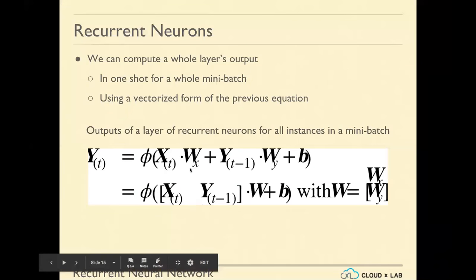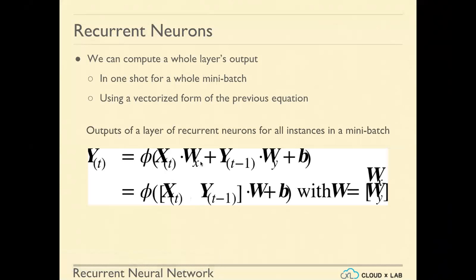Because instead of multiplying Wx with xt, then multiplying Wy with yt, and then adding, in two different steps, we could just use the dot product by concatenating x and y as two columns and multiplying with W. If we did this by ourselves, we would create an X vector, do the dot product with Wx, then create a Y vector, do the dot product with Wy, and then add.